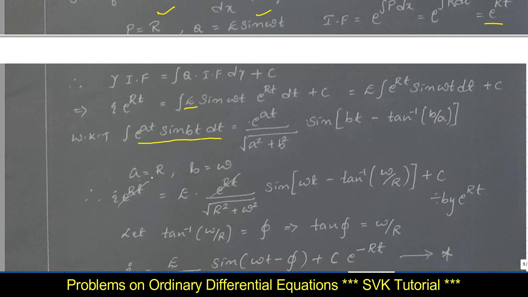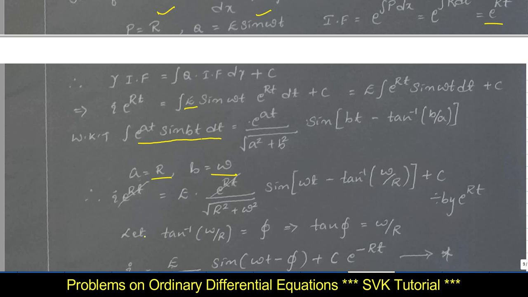Now identifying a and b, a is equal to R and b is equal to omega. So I into e power Rt is equal to E into e power Rt divided by square root of R square plus omega square, times sin of omega t minus tan inverse of omega by R, plus c. Now divide by e power Rt on both sides.